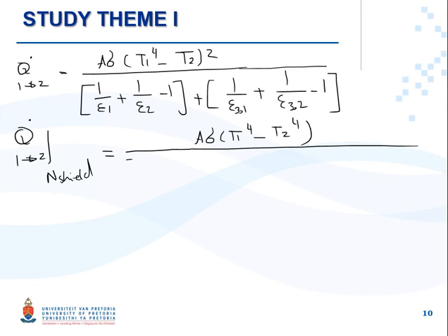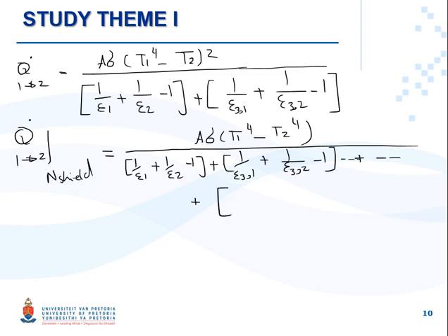And in this case it will be 1 over epsilon 1 plus 1 over epsilon 2 minus 1, plus 1 over epsilon 31 plus 1 over epsilon 32 minus 1, and continue until the last shield, 1 over epsilon n1 plus 1 over epsilon n2 minus 1.